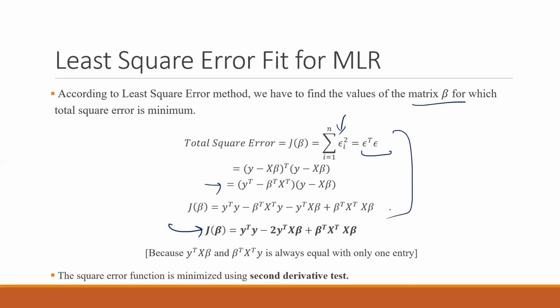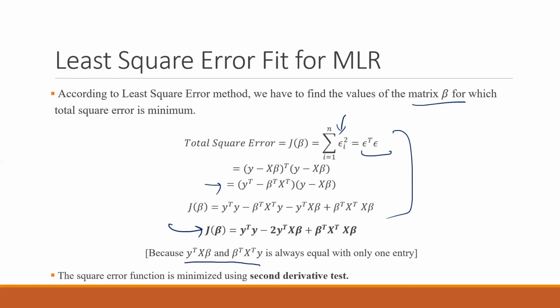You can solve the mathematics on your end and you will get the values. Now, because these two are always equal, with only one entry, you can verify this statement on your end, but I hope this is self understandable. Now the square error function is minimized using the second derivative test.